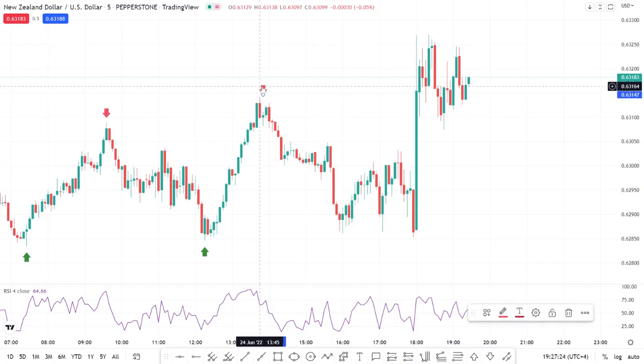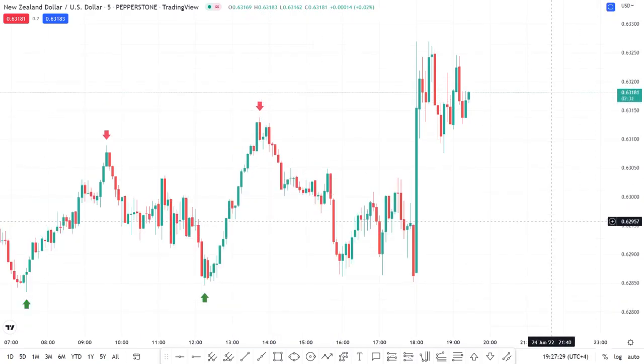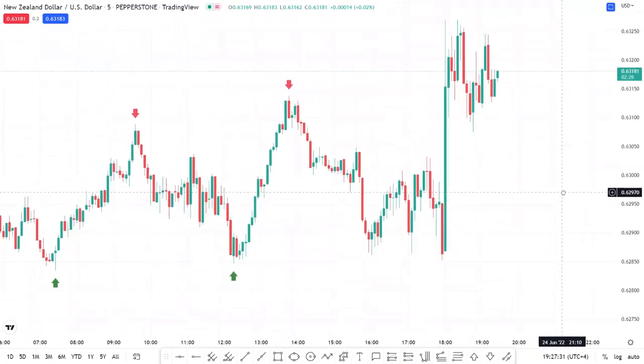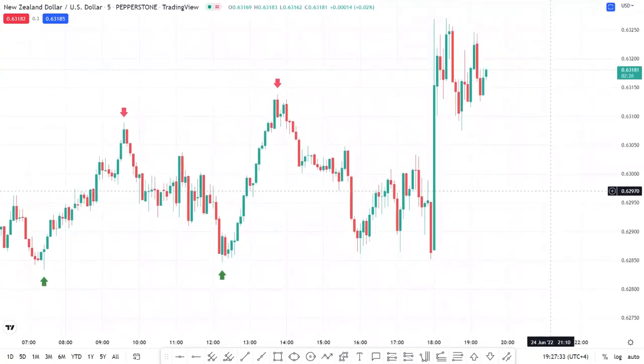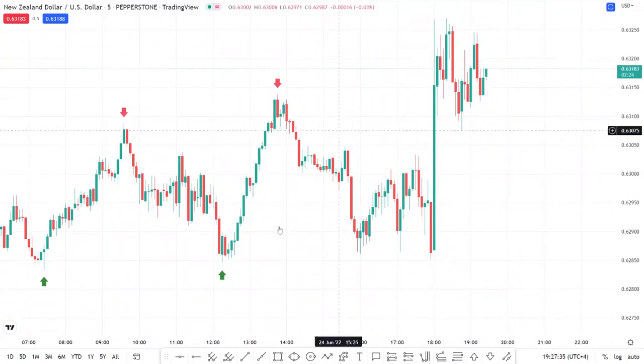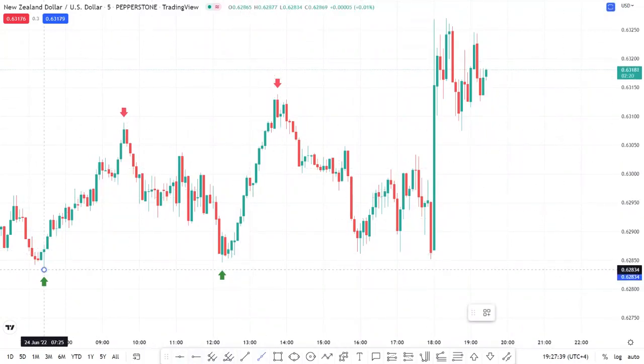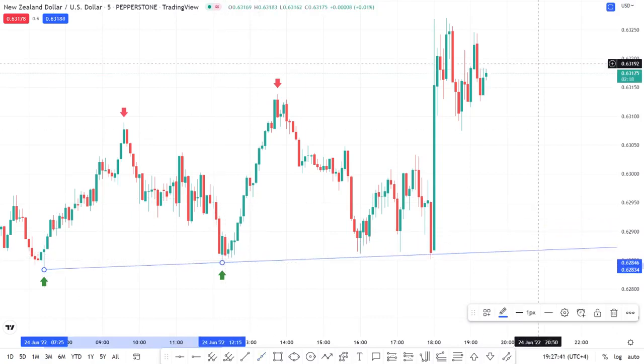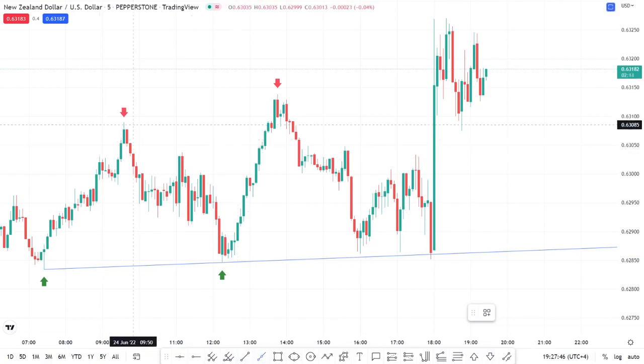So here, hindi naman siguro mahirap makita based sa ating major flow, which is yung undeniable highs and lows sa market, na it is creating a higher low and a higher high.